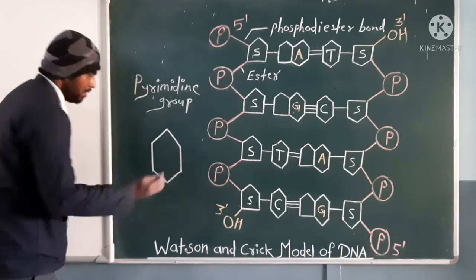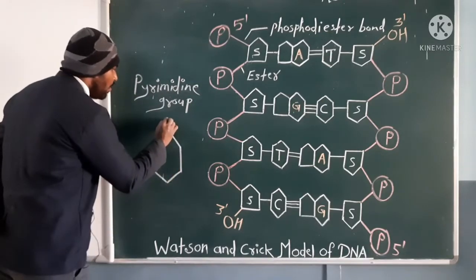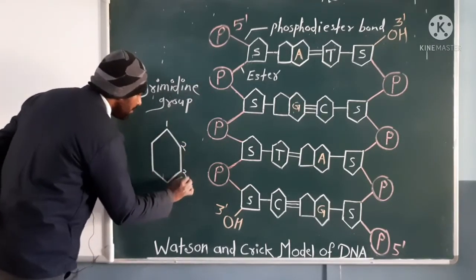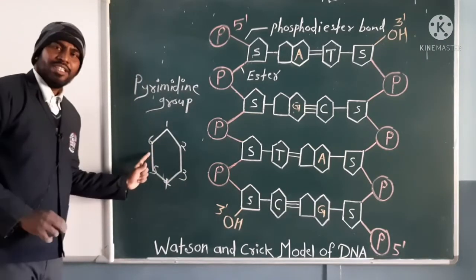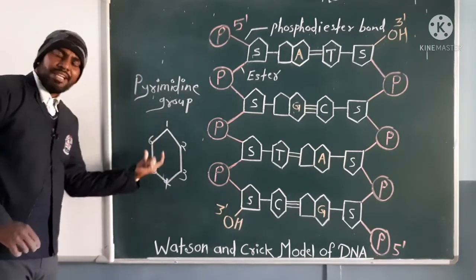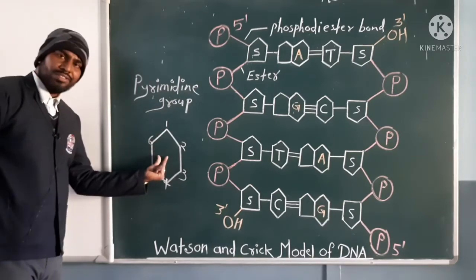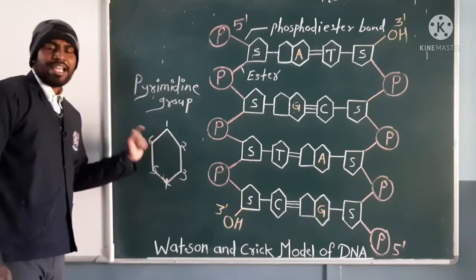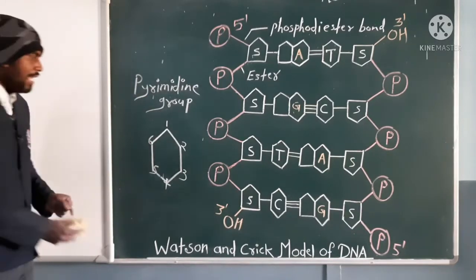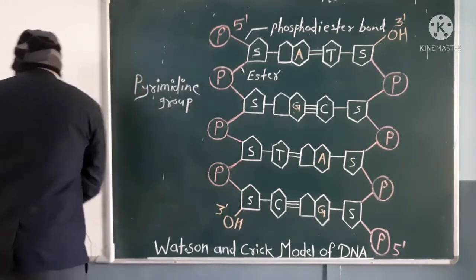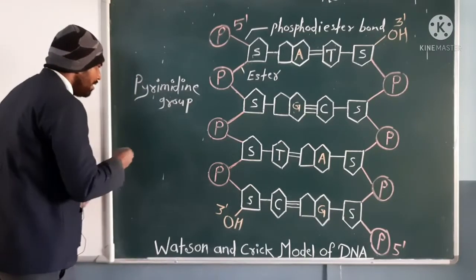This is a single ring structure, and only 6 carbon atoms are there. Okay, must remember, bachon. So this nitrogenous base which contains only a single ring structure and 6 carbon atoms belongs to the pyrimidine group.